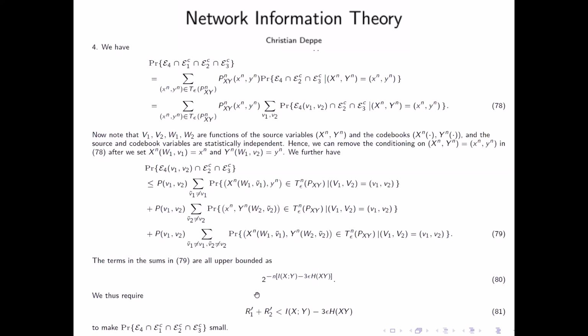There are exactly 2 to the n (R1 prime plus R2 prime) here. So in total, to get this small here, we have to choose that R1 plus R2 is smaller than the mutual information between X and Y minus 3 times epsilon and the entropy of X and Y.